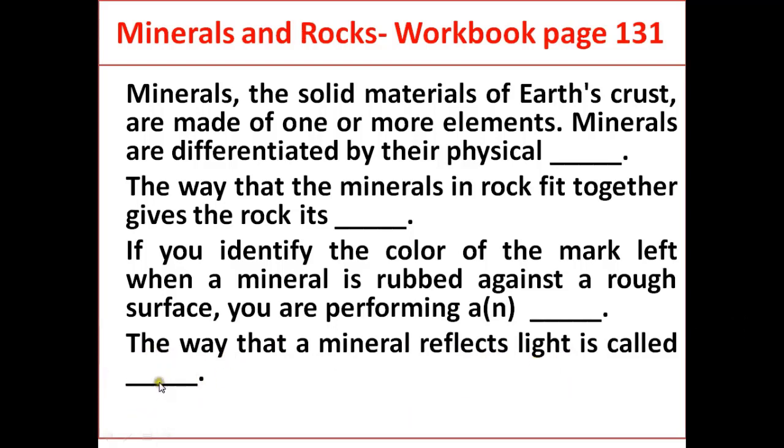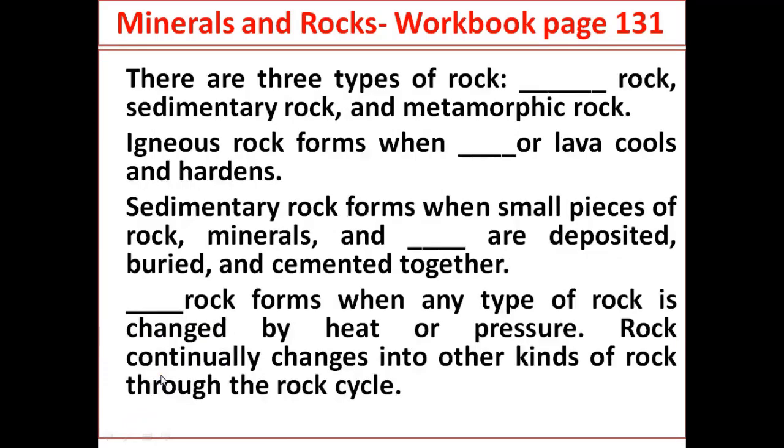So here the next word you have to fill in. Next, there are three types of rocks, namely the first dash rock, sedimentary rock and metamorphic rock. Igneous rock forms when dash or lava cools and hardens. Sedimentary rock forms when small pieces of rock, minerals and dash are deposited, buried and cemented together. Dash rock forms when any type of rock is changed by heat or pressure.